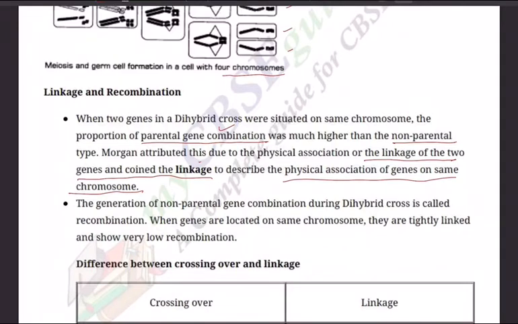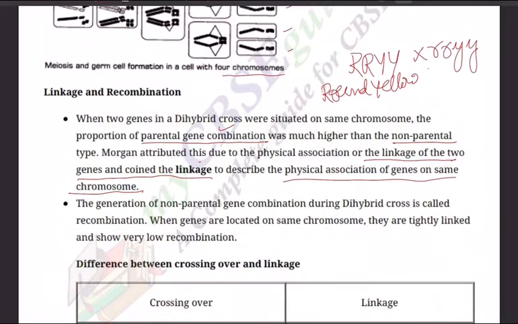The generation of non-parental gene combination. Just now I said, what is that non-parental gene combination? What is parental gene combination? We said parental gene combination is capital R, capital R, capital Y, round yellow, right? Round yellow is one of the parents, versus small r, small y, that is wrinkled green.